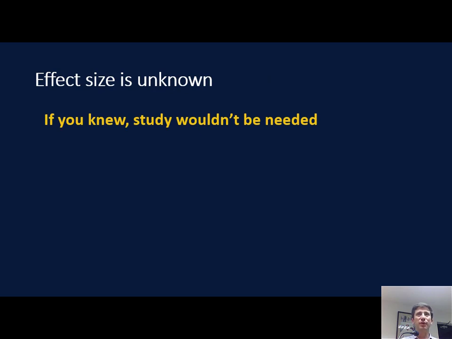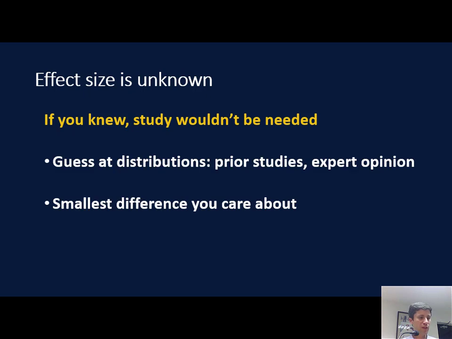However, we don't actually know what the effect size is for a given sample, right? If we imagine two different populations, we don't actually know until we study it the difference in average height between men and women. If we knew, we wouldn't have to study it, right? So oftentimes in a sample size calculation, where we're going to compare, let's say, two means, we have to take a guess.